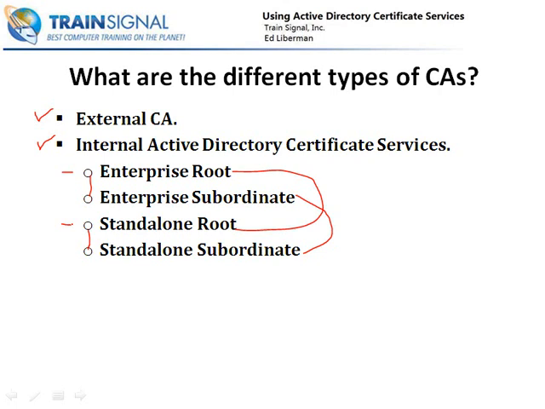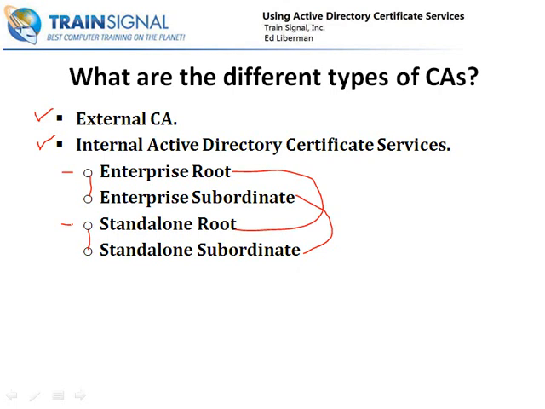So a root CA is going to issue itself a certificate saying, I am a CA, and it is because I say so. That's why it's really important that these CAs be a trusted party.